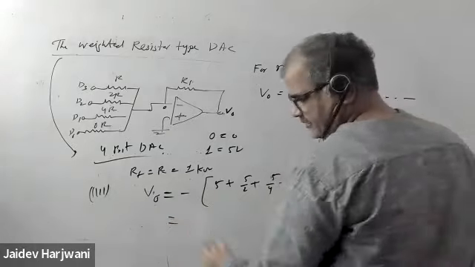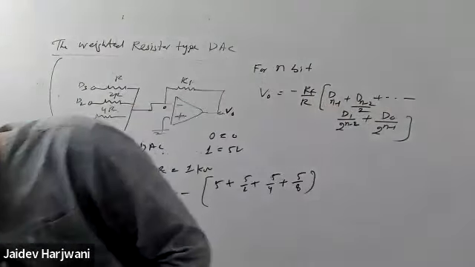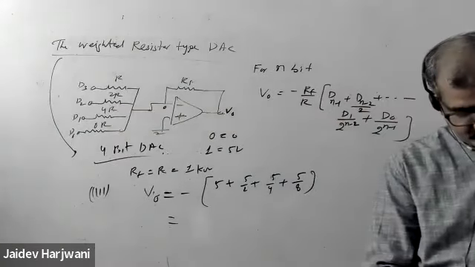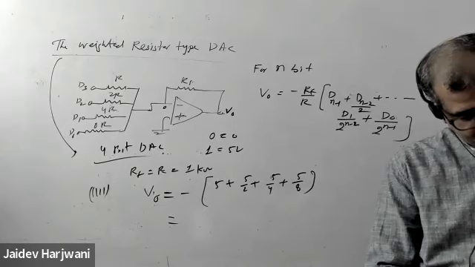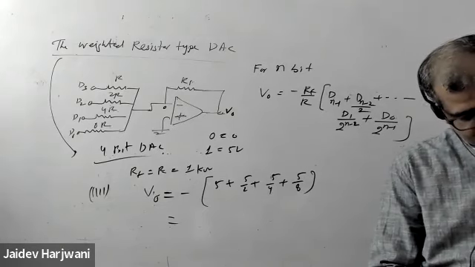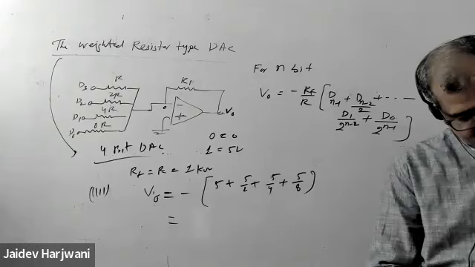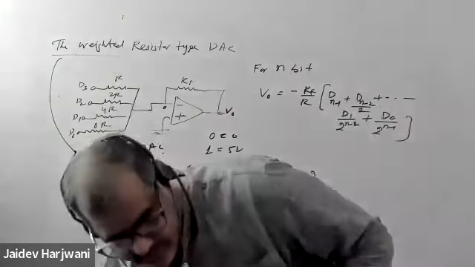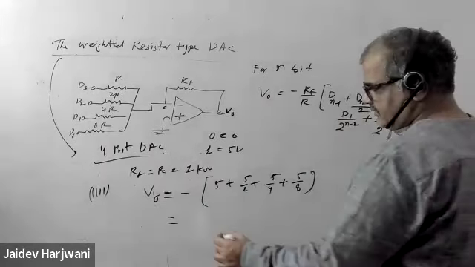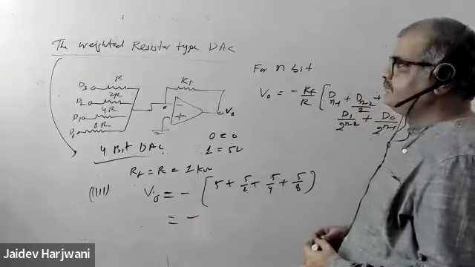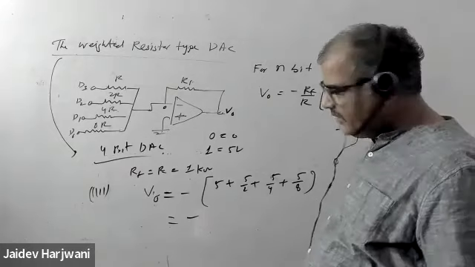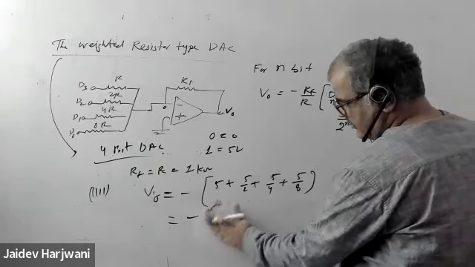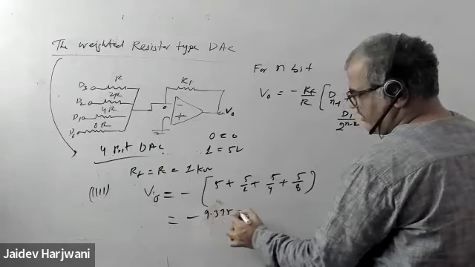So tell me how much is coming. 9 point something. So minus 9.375. This is your answer.